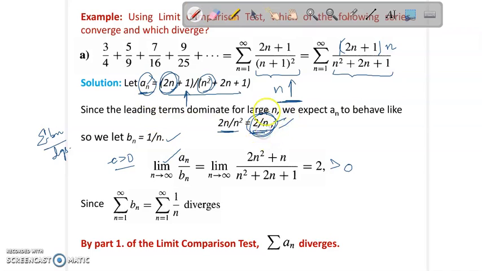Now on the basis of how this term is behaving as n is getting larger and larger, you choose your bn. Choose bn is equal to 1 by n, so that this limit now is a finite number 2, which is strictly greater than 0, and hence by the limit comparison test, series an and series bn both converge or both diverge. Knowing that summation bn diverges, conclude the divergence of summation an.